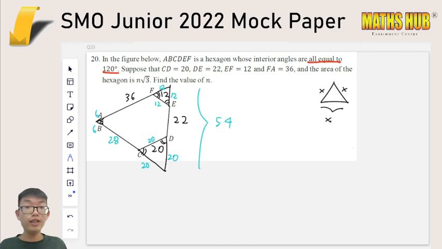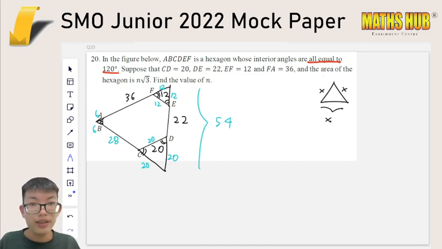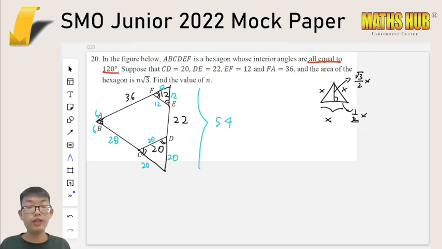Then, as we actually saw earlier, remember that we did the 30, 60, 90 triangle in a previous problem? We can say that this is in the ratio square root 3 is to 2. And of course, where this is half x, so you can use Pythagoras to get it back if you did not remember that value.